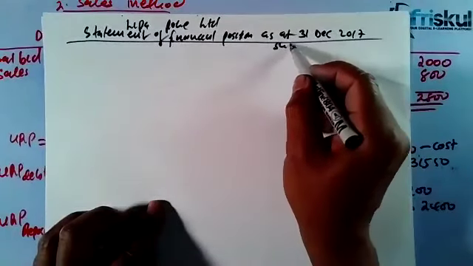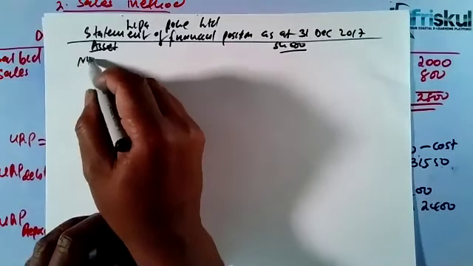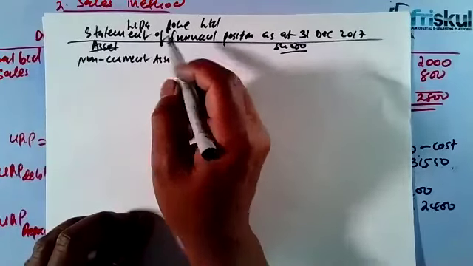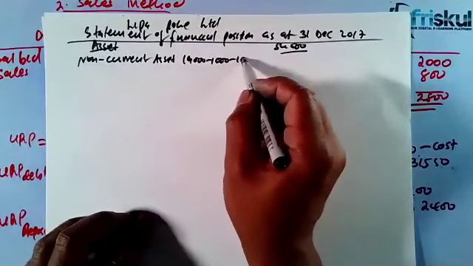So our shillings, let's put them in thousands. We start with the assets. So we have the non-current assets there. Now, it was 10,000, accumulated was 1,000, depreciation for the year is 1,000.